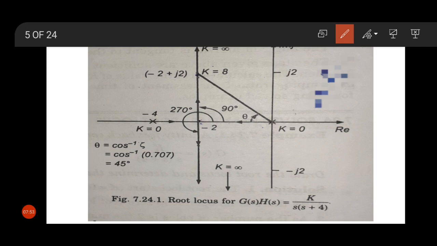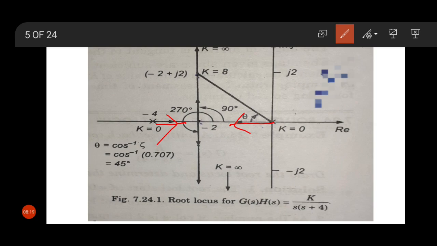See, we have two poles, 0 and -4, and from these two poles two loci start. The locus starts from 0 in this way and from -4 in this way, because the root locus portion is in between 0 and -4. And -2 is our centroid.